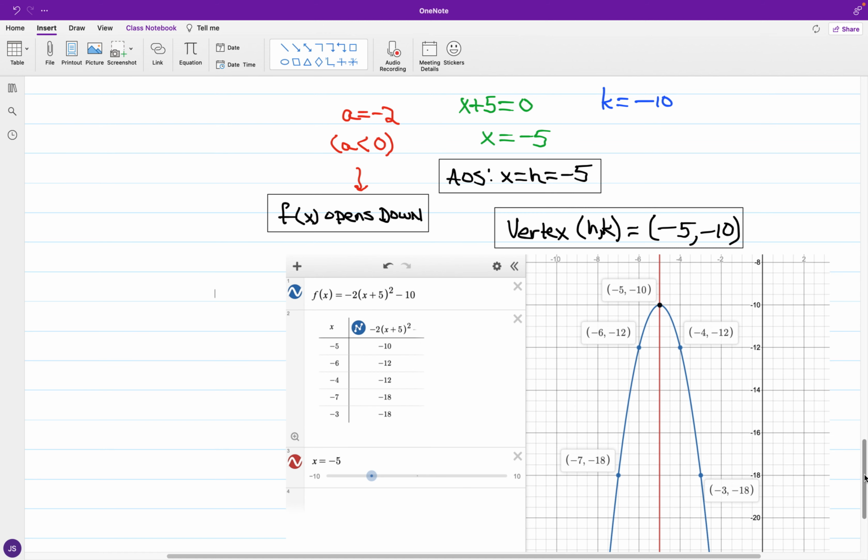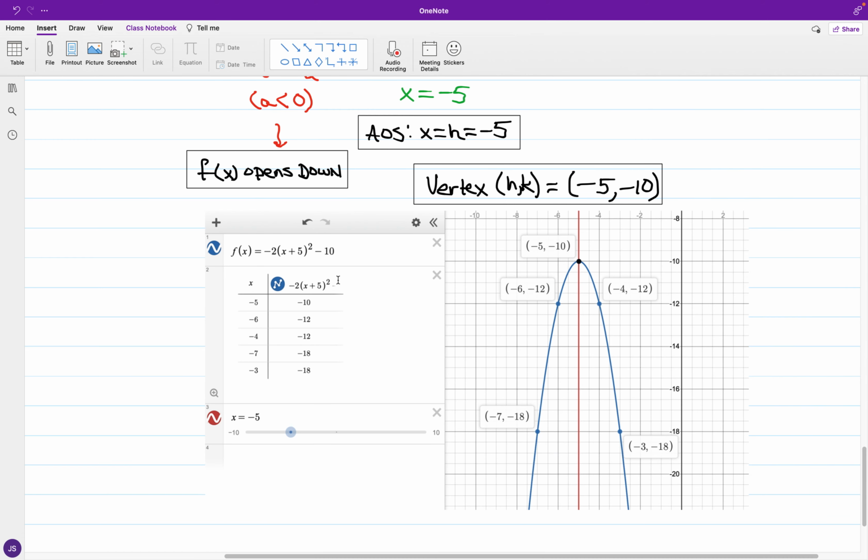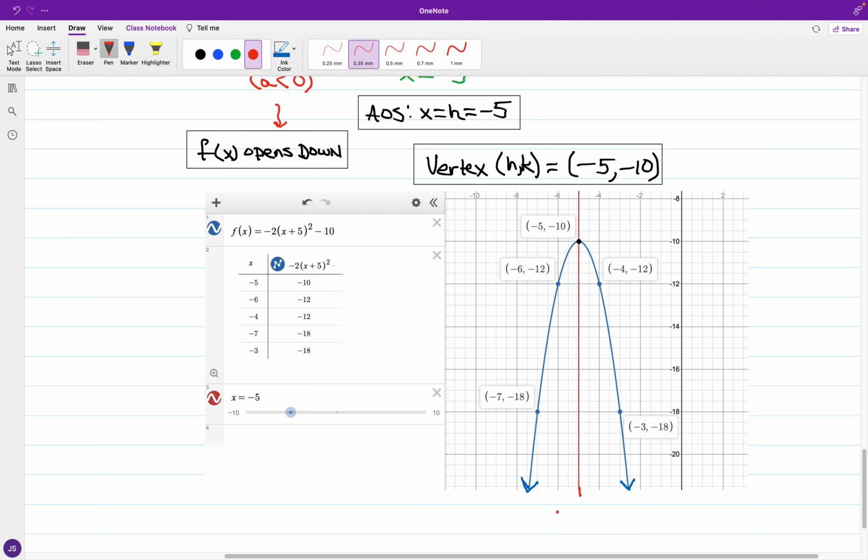So we have y, or f of x, is equal to -2 times the square of x plus 5, followed by the subtraction of 10. Again, from the vertex, the graph is going to be opening downward. And the red line is going to be the axis of symmetry, where x is equal to -5.